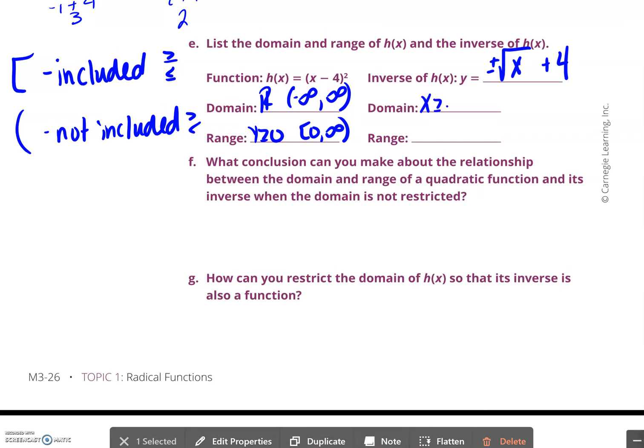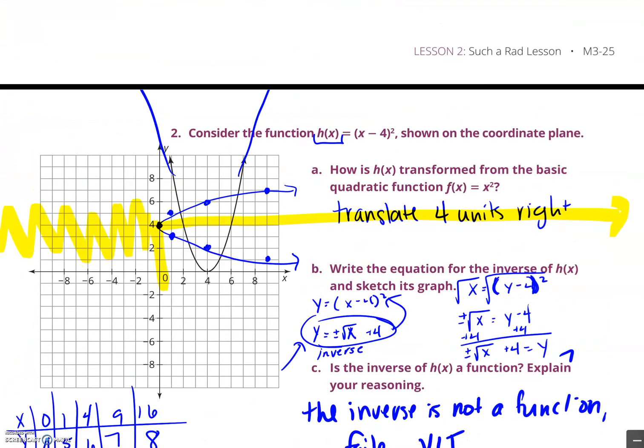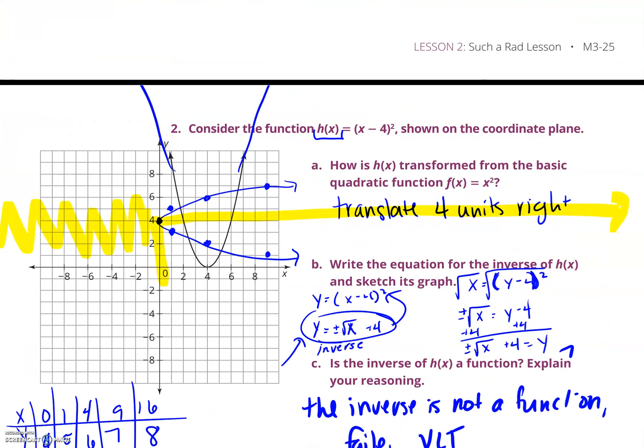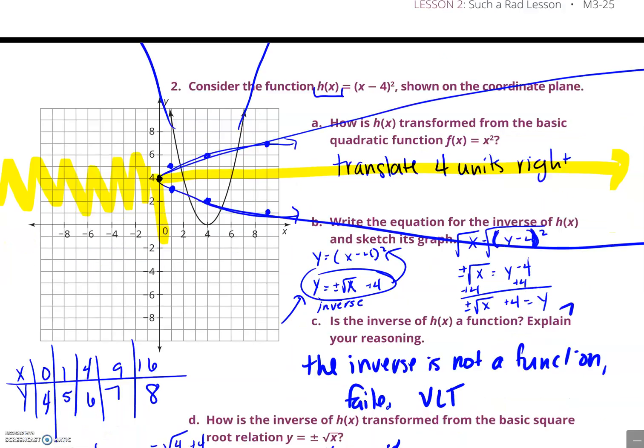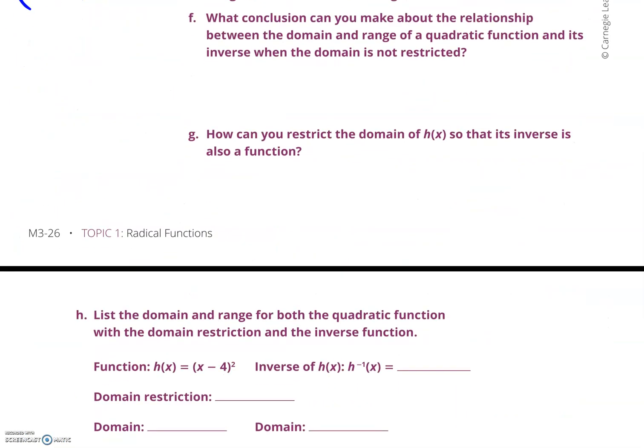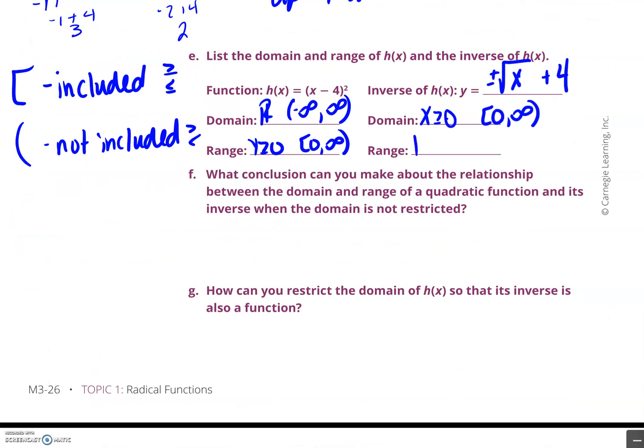So our domain exists when x is greater than or equal to 0. In interval notation, it would be 0 to infinity. And our range, so these are going to continue to get wider and wider and wider and hit every y value along the way. So our range is going to be all real numbers, or in interval notation, negative infinity to infinity.